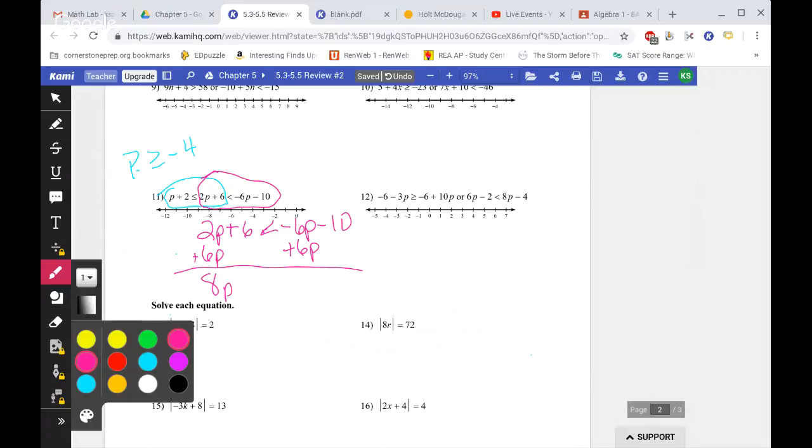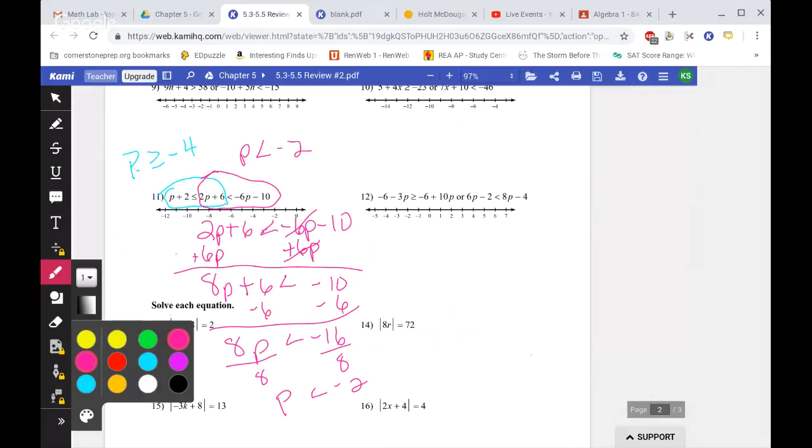So I've got 8p plus 6 is less than negative 10. I'm going to subtract 6 from both sides. That gives me 8p is less than negative 16. Divide both sides by 8. And now I have p is less than negative 2. So those are my two answers.